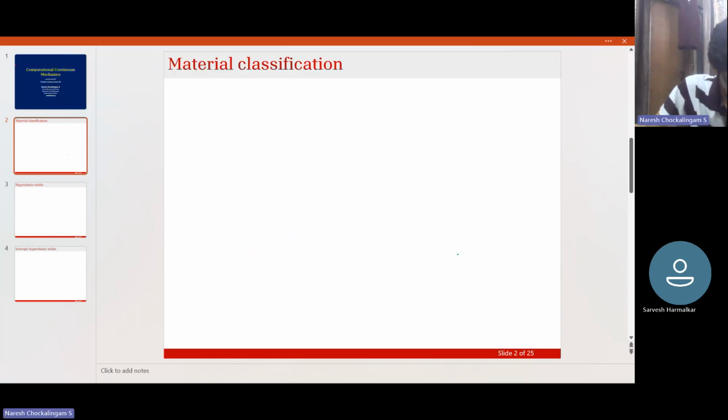So we can start with the various kinds of materials that are possible. In the last session, we saw why constitutive relationships are required.